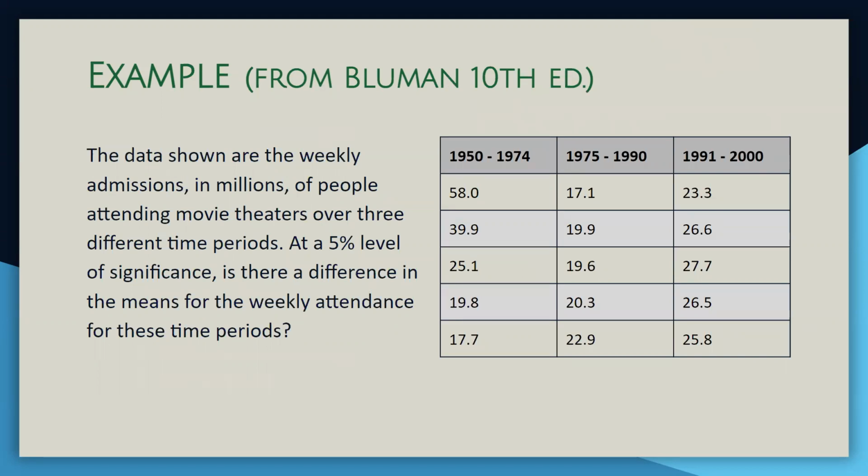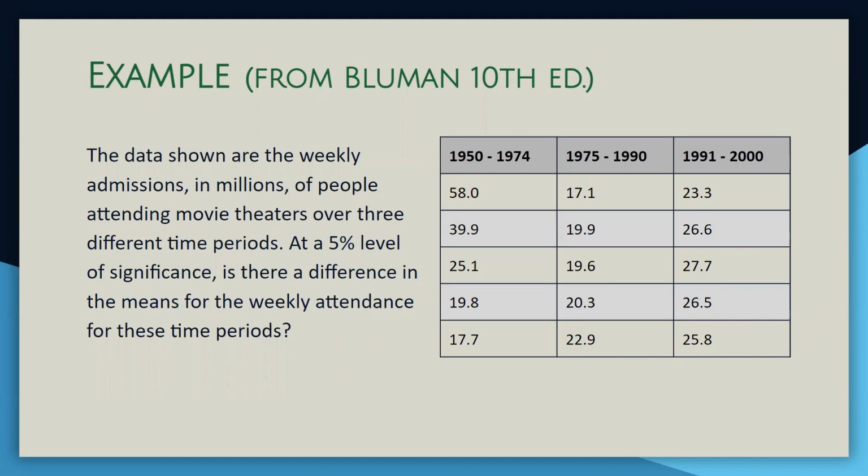And then we have millions of people. So this is weekly. So for 1 week in 1950 to 1974, 58 million people attended a movie theater. 1 week in the 91 to 2000 era, 23.3 million people attended the theater, and so on. They're asking us, is there a difference in the means for these 3 time periods?